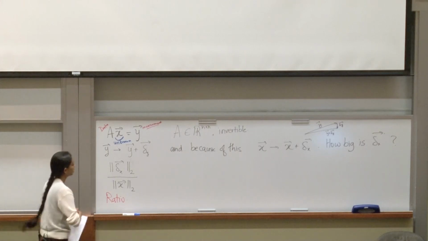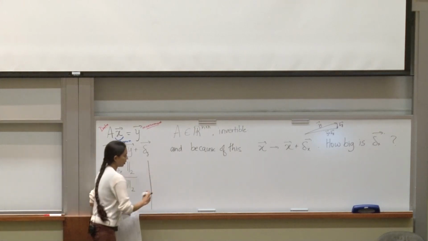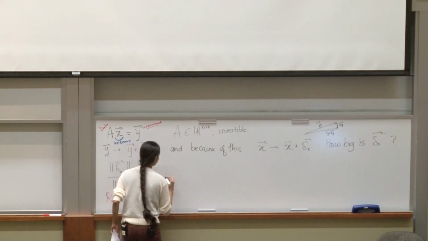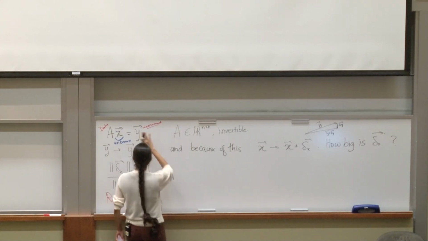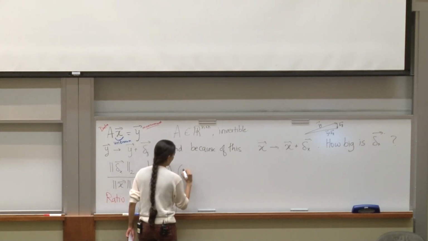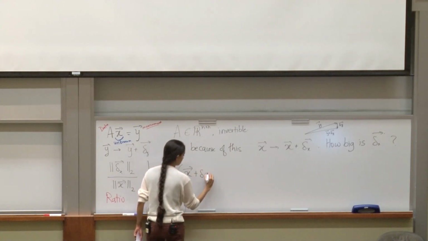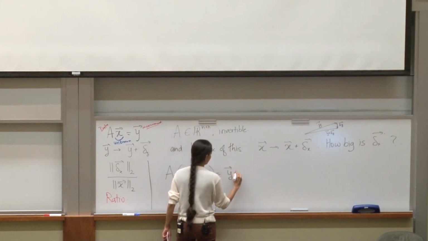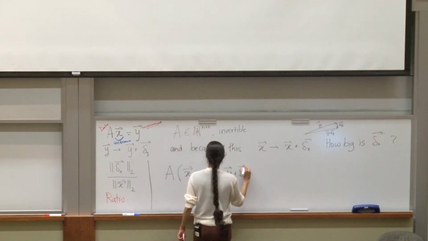Okay, good. So this is the quantity that we want to understand. To write this out, I want to pose the problem more carefully. I have A times (x plus delta x) is equal to y plus delta y.